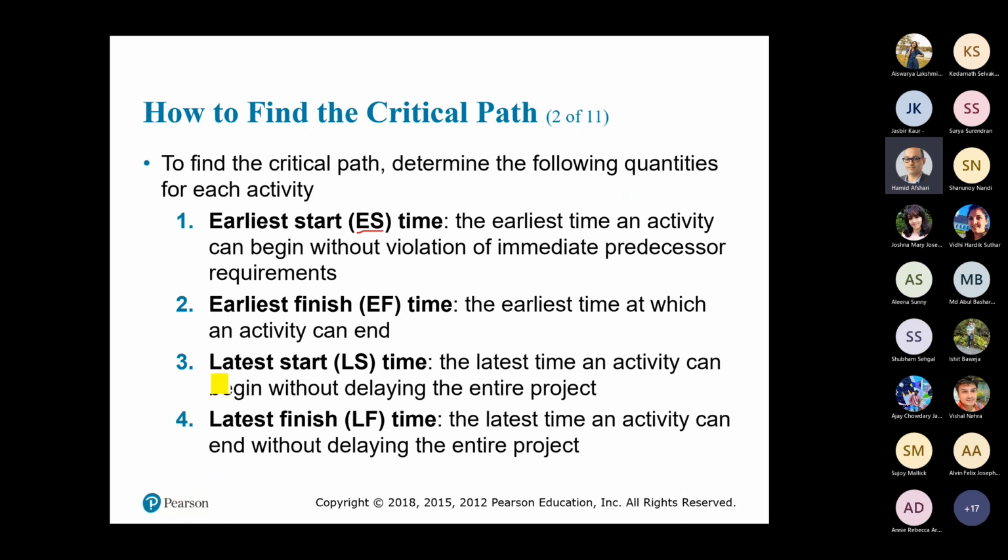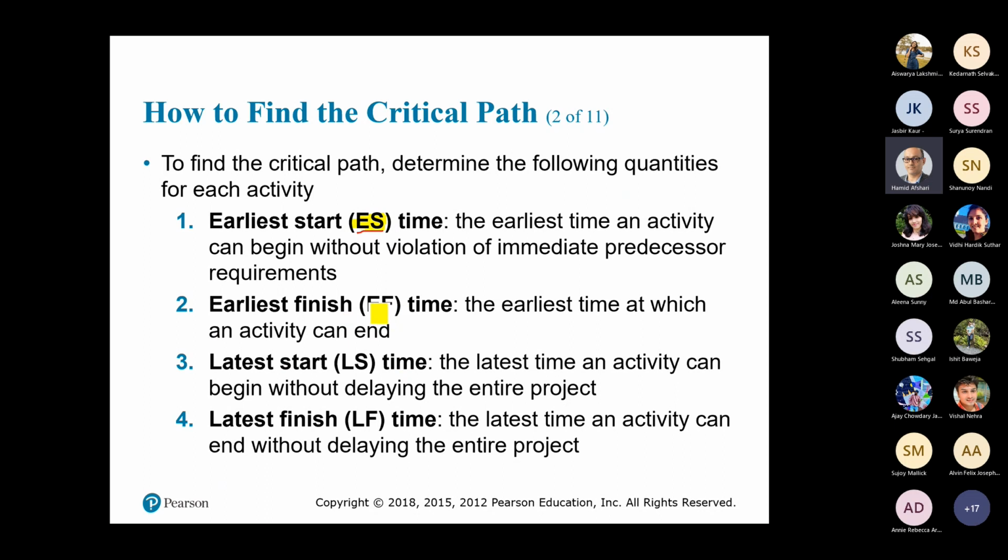Earliest start is the earliest time that an activity can be started without violating the immediate predecessor's requirement, without violating the previous activity having to be finished. So that's the earliest time that you can start an activity.